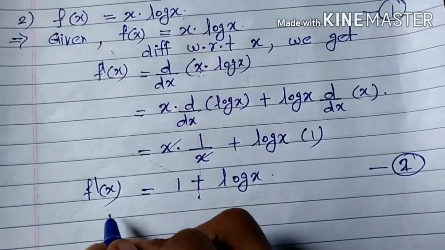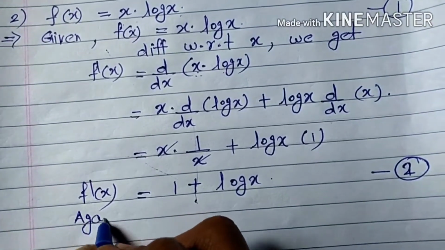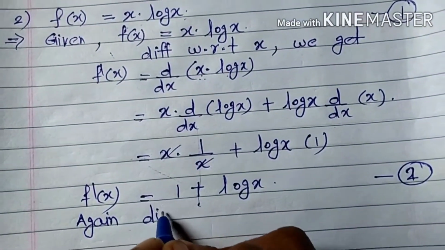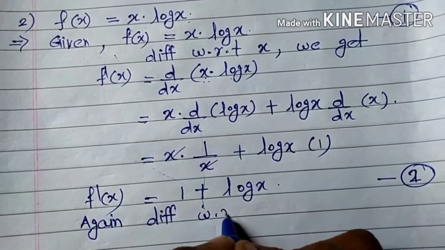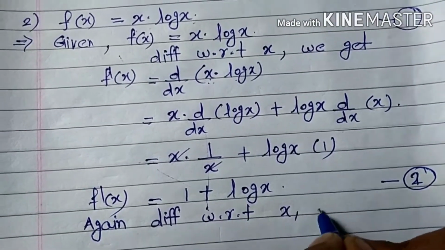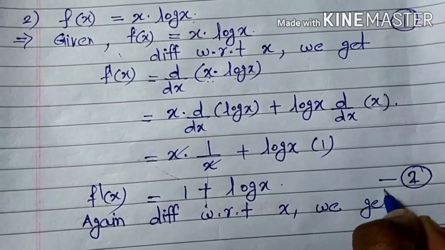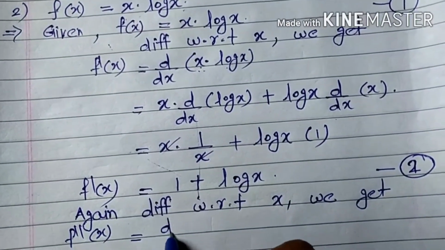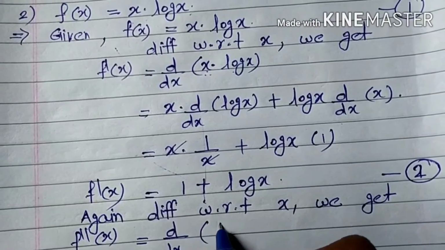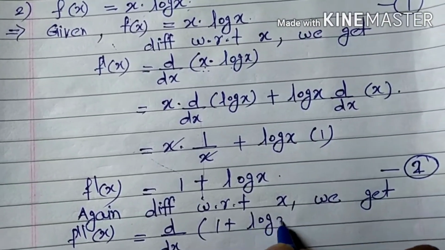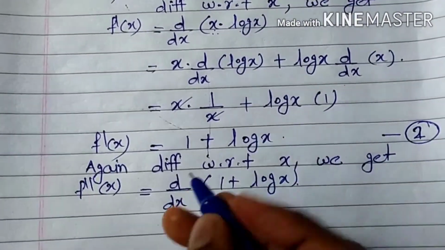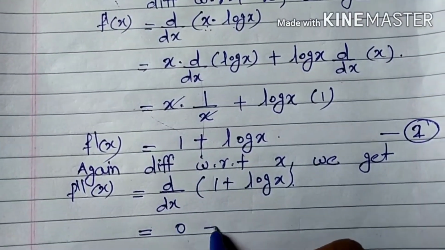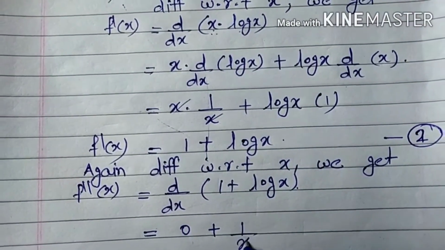Now again differentiate with respect to x. We get f double dash of x is equal to d by dx of 1 plus log x. We know that 1 is constant and derivative of 1 is 0 and derivative of log x is 1 upon x.